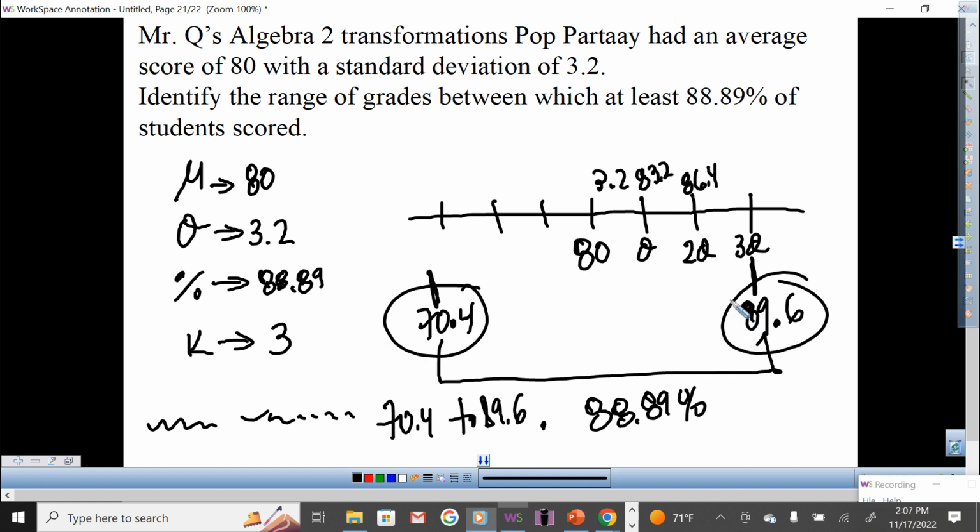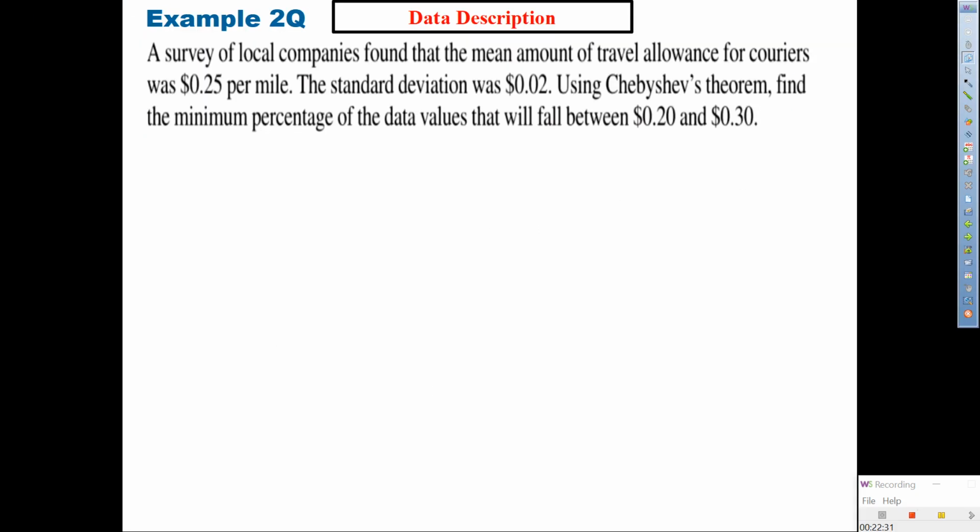Well, now they're going to give us a problem where they don't give us the percent or the standard deviation, but they give us the end values, and they give us the first 2 standard deviation and the mean. So copy this one, please. Example 2Q.